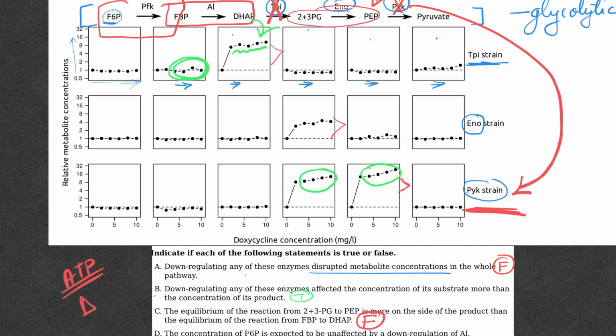This will decrease delta G. That means in this case, the formation of FBP or fructose 1,6-bisphosphate will be favored. Okay. So even if we downregulate AL, and the concentration of FBP will increase, it will not distort F6P because equilibrium favors the formation of FBP. Okay. So yes, it will remain unaffected.